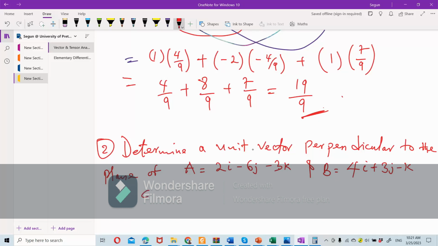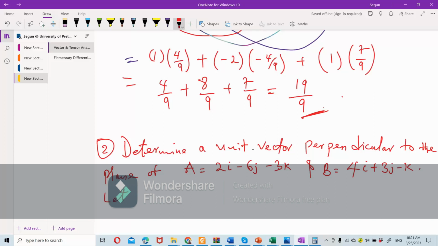Then C, so this is the question: determine a unit vector perpendicular to a plane of A and B. So we need to create C now.